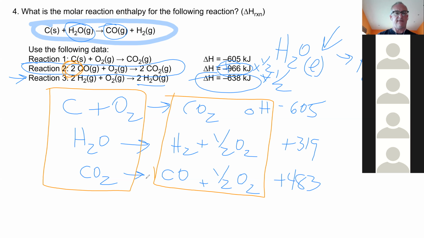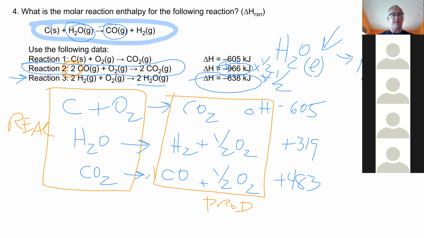I have carbon and oxygen and water and carbon dioxide as reactants. These are my reactants, and these are my products. So before I start adding things, just to make my life easier, I'll see what I have on both sides and then I can cancel those, okay?